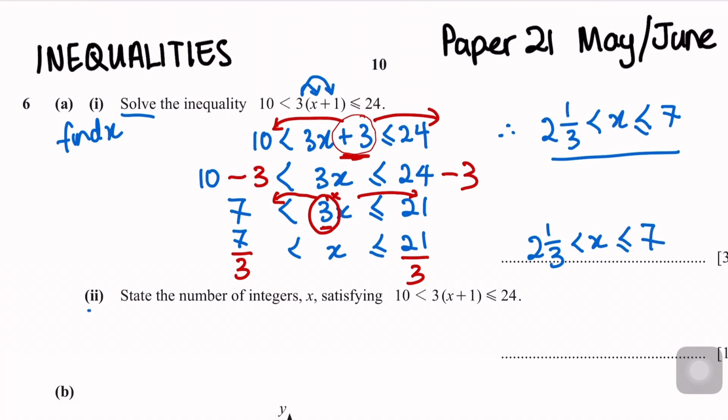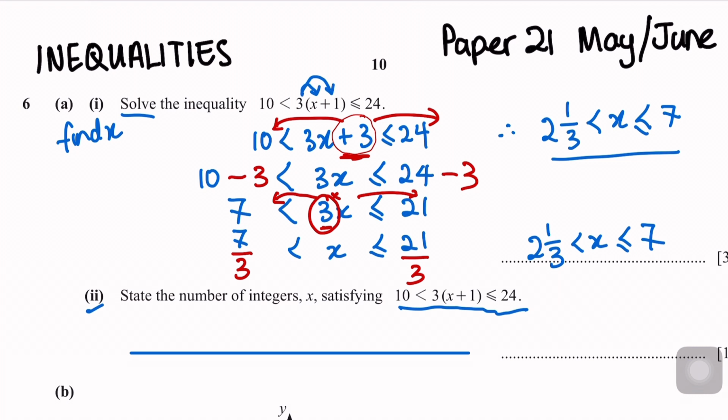Next, part 2, state the number of integer x satisfying the inequality. This is the same question above. Since you got the answer in your first part, make sure your first part is correct so that you can get the answer for this second part. Alright, let me draw a number line.